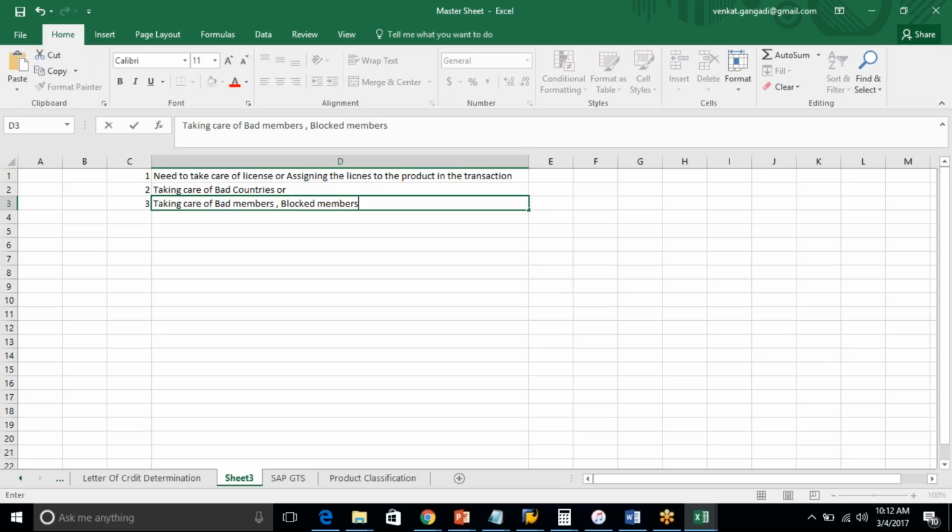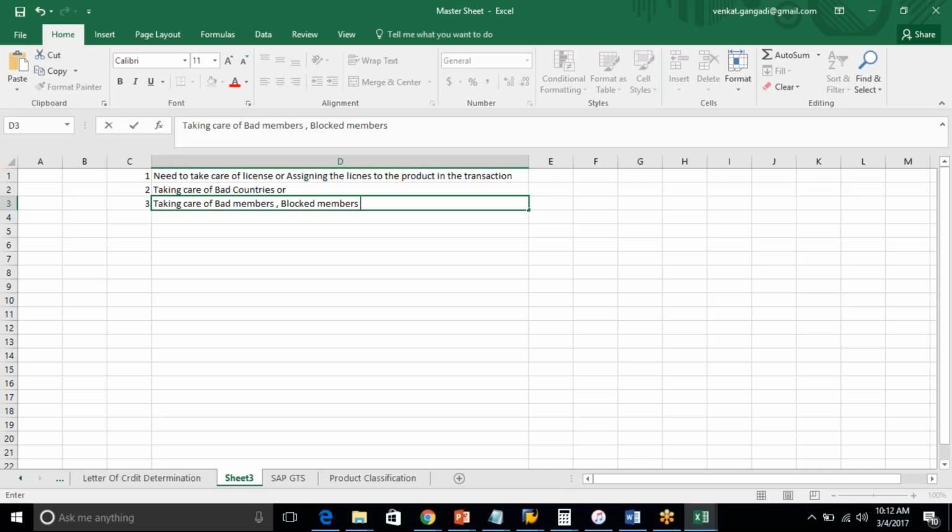like a list of terrorists or a list of militants, or even a list of nuclear proliferators, or a list of Ukrainian rebels or Russian rebels, whoever it is. Whoever is doing illegal or dangerous activities, each and every country considers those members as bad members, and they publish that list.